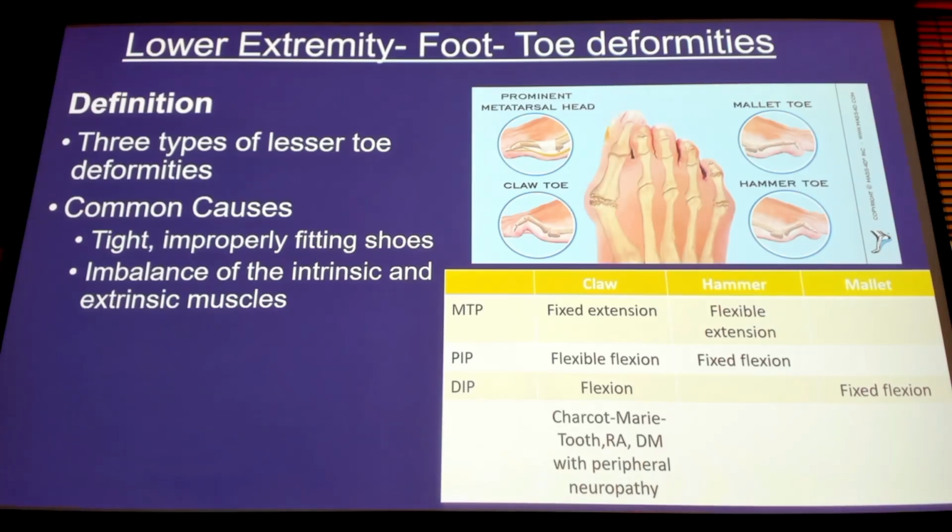In the case of a mallet toe, in the top right picture, the DIP, the distal interphalangeal joint, which is the joint closest to the end of the toe, is locked in flexion.